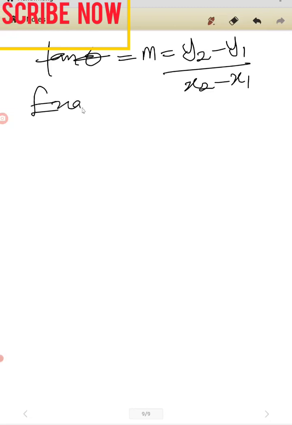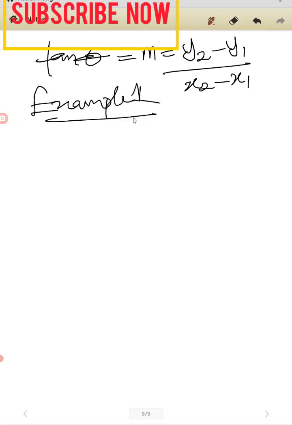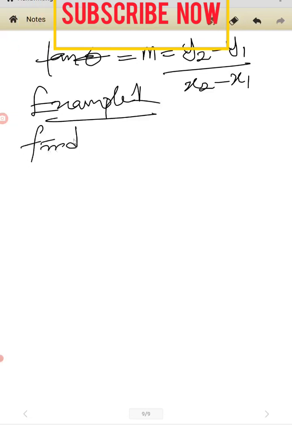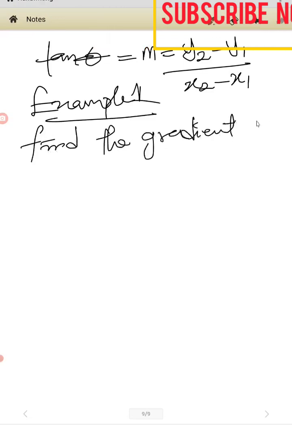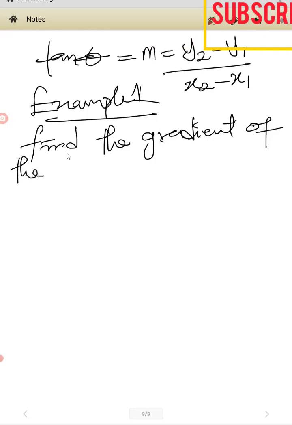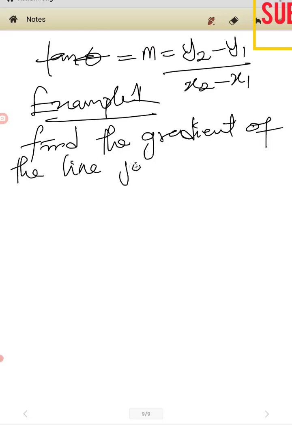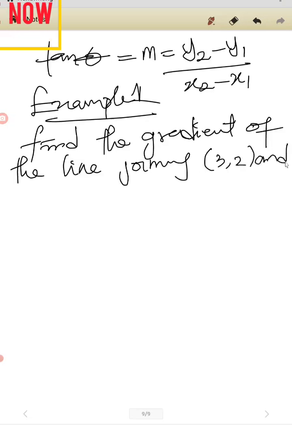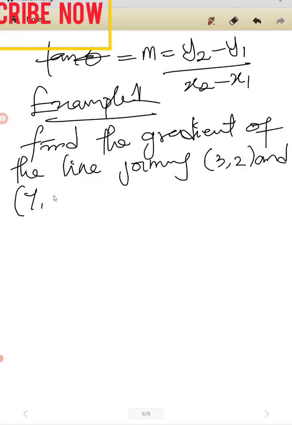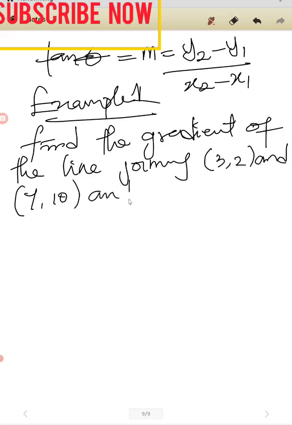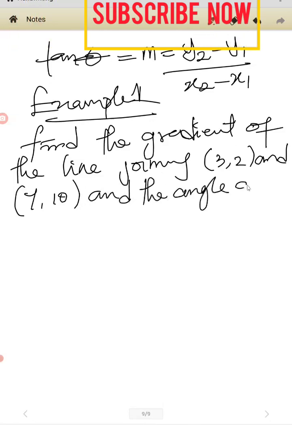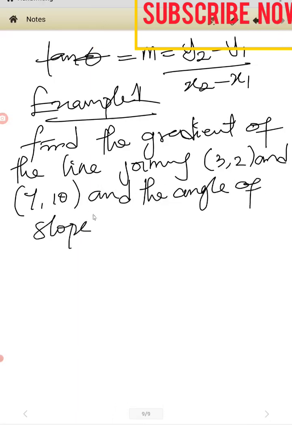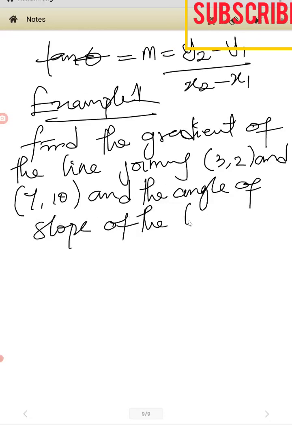Let's say example 1 on gradient. It says, find the gradient of the line joining 3, 2 and another point 7, 10, and the angle of slope of the line.